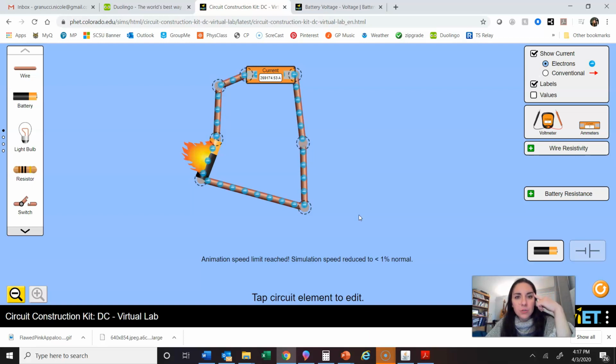One reason we call it that is that if there's no resistance to take away the energy of these electrons, they'll just get faster and faster and faster, as you can see. Now, it doesn't actually cause the battery to catch on fire, but it does cause it to heat up.